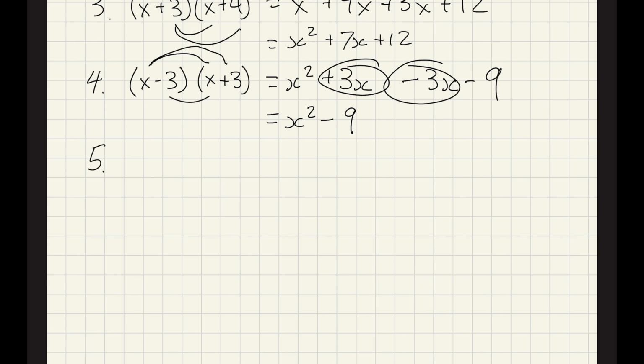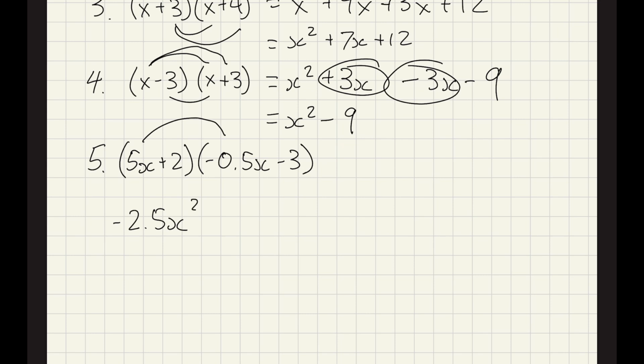Cool. All right, the fifth problem. This looks a little bit scary, but it's the exact same concept as the others. So we're going to take the first terms and multiply them together. That gives us negative 2.5x squared. And we're going to take 5x times negative 3, plus negative 15x.